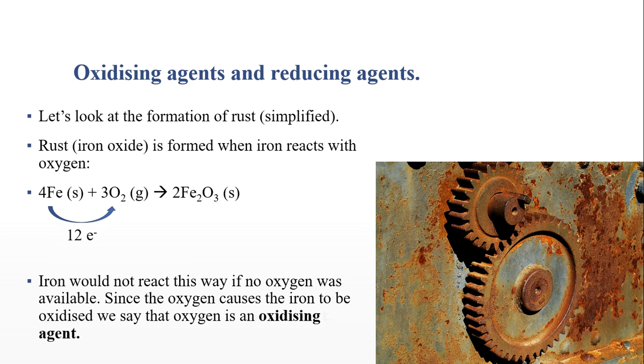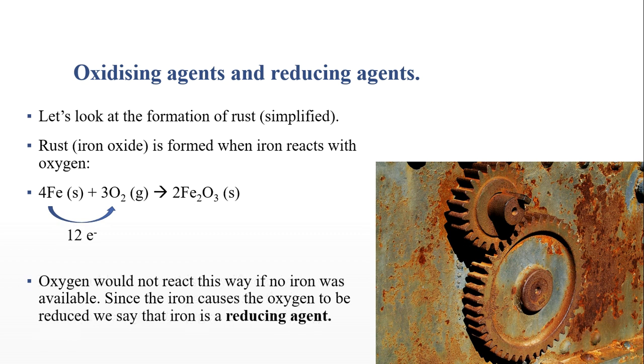We can turn this around. If we didn't have iron atoms available for this oxygen, then it would not react this way. So the iron causes the oxygen to be reduced in this reaction. Then we say that since iron helps, it's a reducing agent. It's a substance that causes another substance to be reduced.